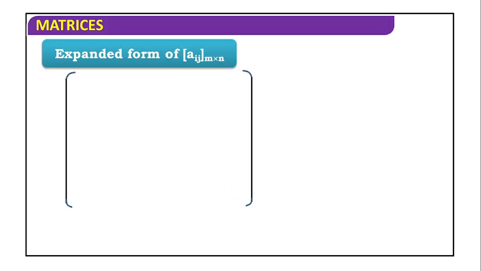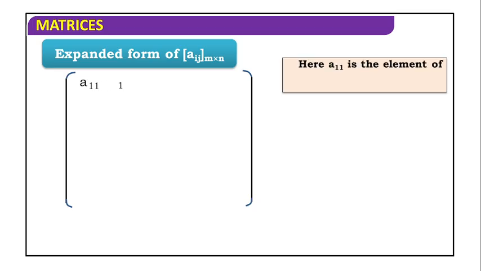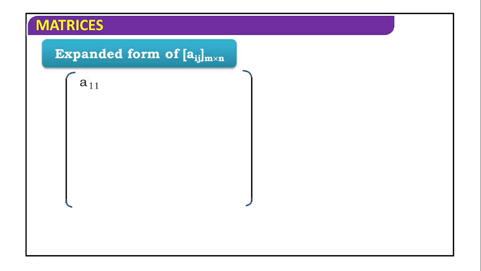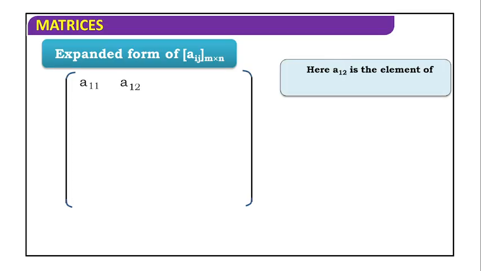Now the expanded form. How do we write the matrix in expanded form generally? A11 is the first row, first column element. Next, A12 is the first row and second column.